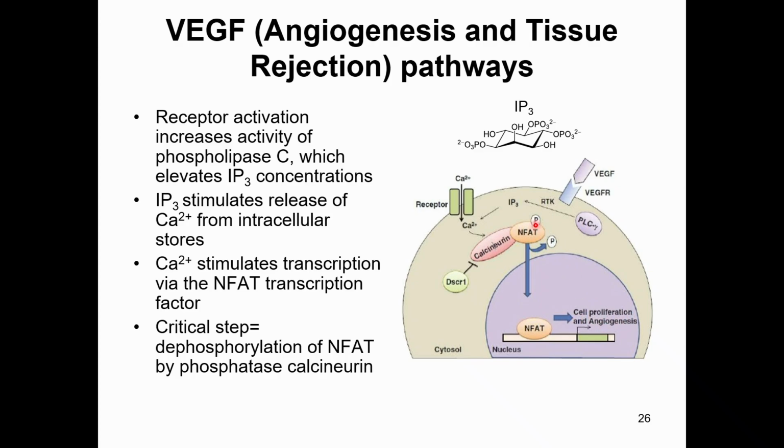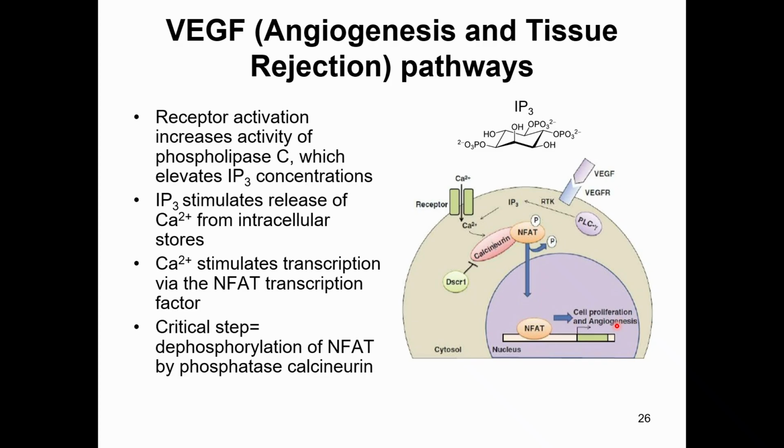And so this is kind of interesting because NFAT is ordinarily phosphorylated, but calcineurin, which is activated by calcium ions, causes NFAT to become dephosphorylated. And when that happens, NFAT dissociates from calcineurin, and unphosphorylated NFAT is then competent to translocate into the nucleus where it drives expression of angiogenesis genes.